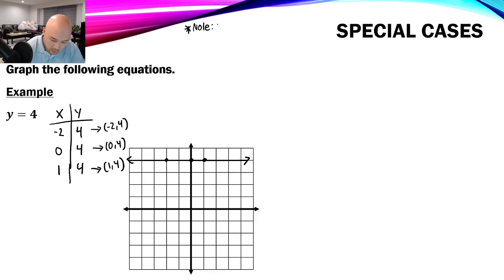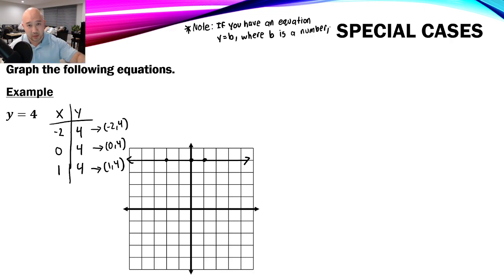So if you have an equation, I'm going to write y is equal to b, where b is a number, right? It's kind of like the ax plus by is equal to c for the standard form. Those a, b, and c could be any number we want it to be. Same thing here, right?